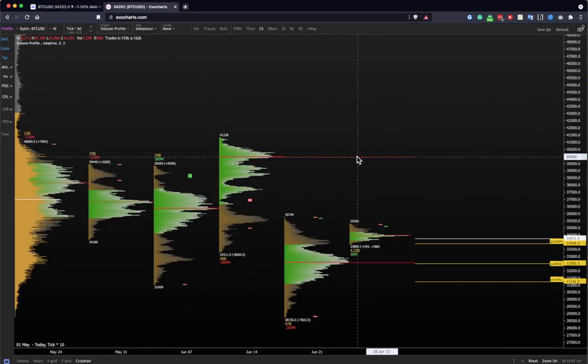We have a naked weekly point of control at 39,960.